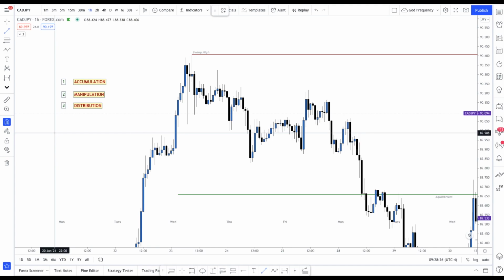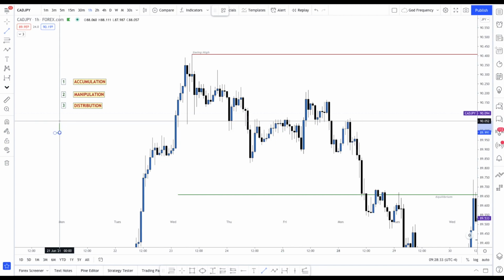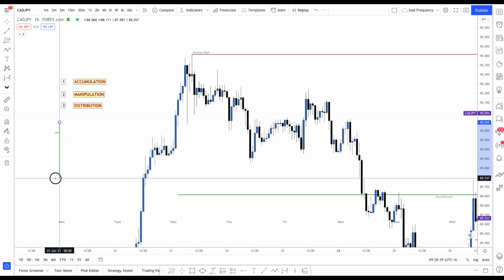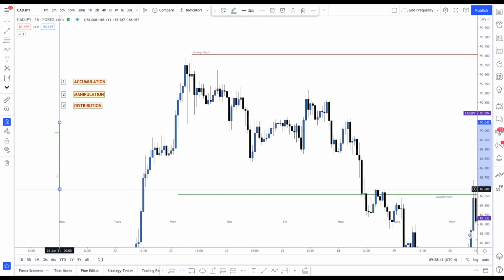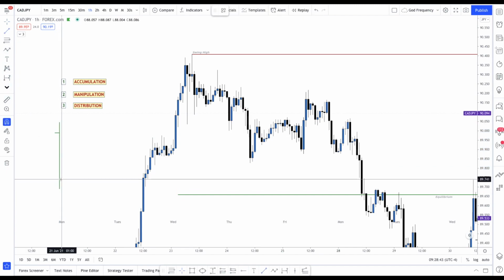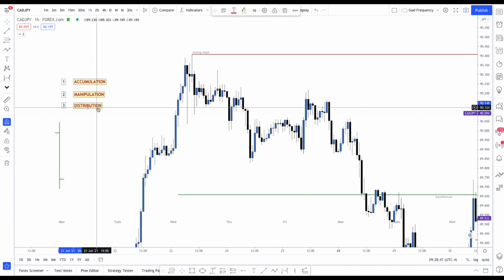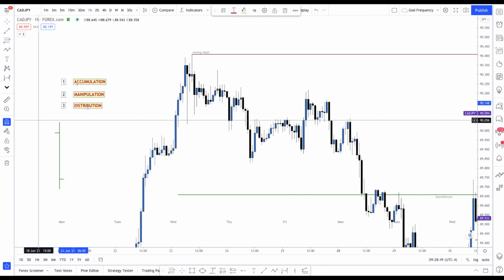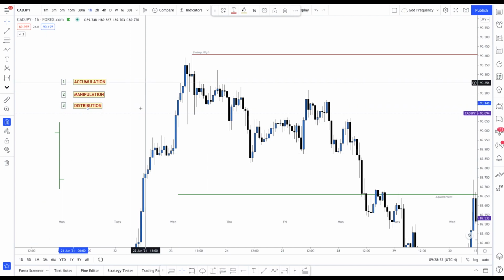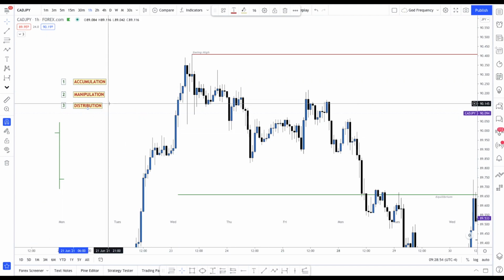So we're looking for price to open, and then we're looking for price to manipulate, or go high, and then distribute, and then eventually close off. So this is the bar that we're looking to form.